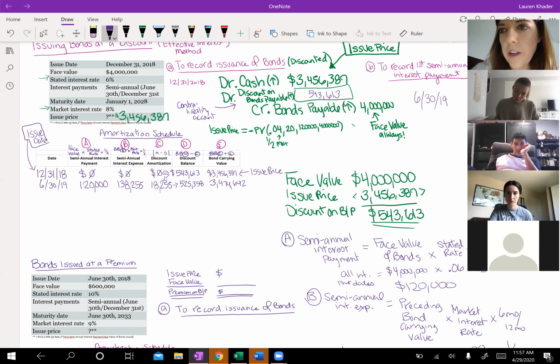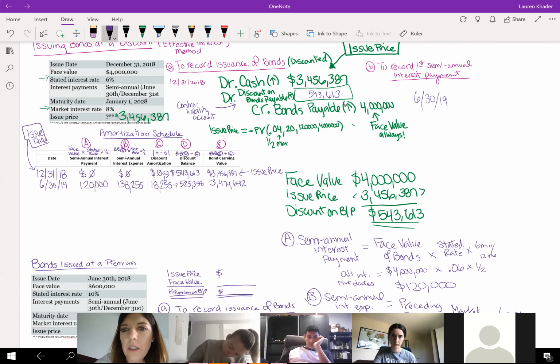So 6/30/19 is our first semi-annual interest payment date. And you're going to use your table that you have. Write one debit and skip a space, write a credit. On 6/30, we pay interest.